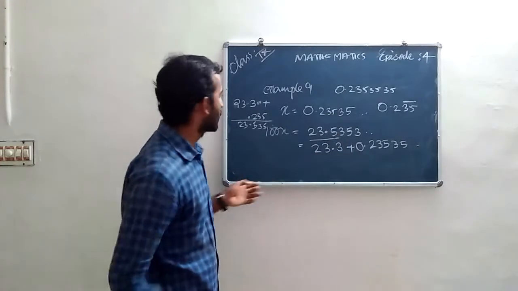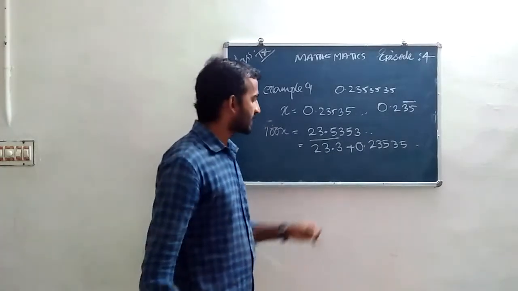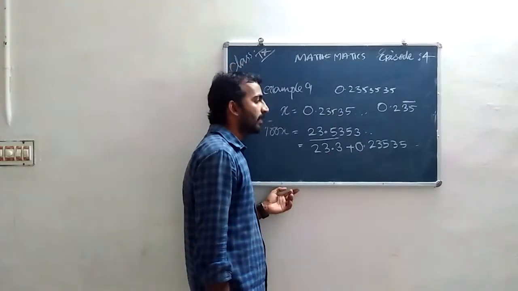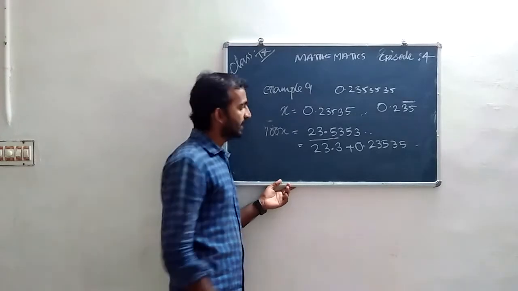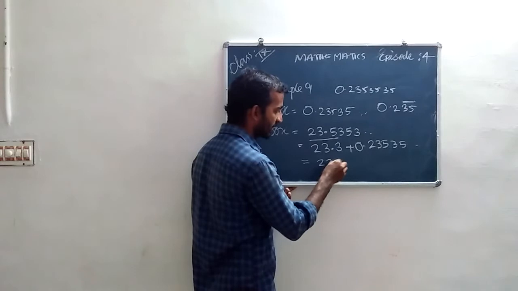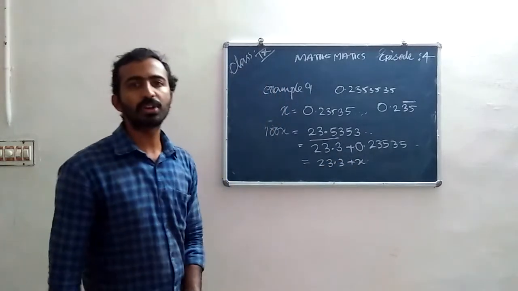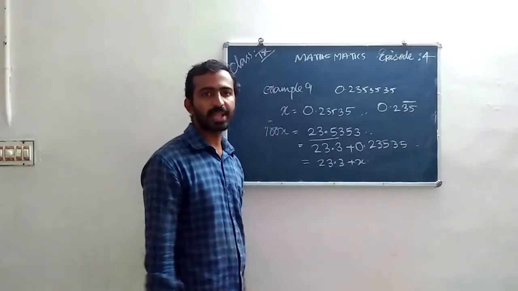So we can write 23.3 plus 0.23535, that is, 100x equal to 23.3 plus x.